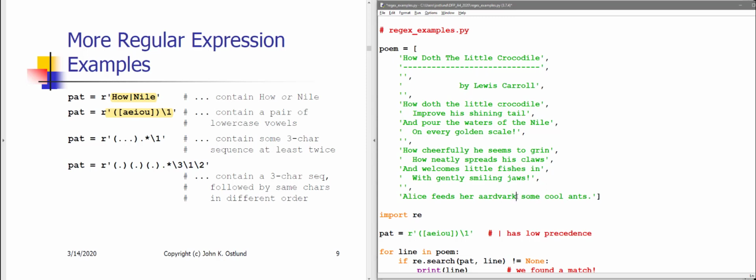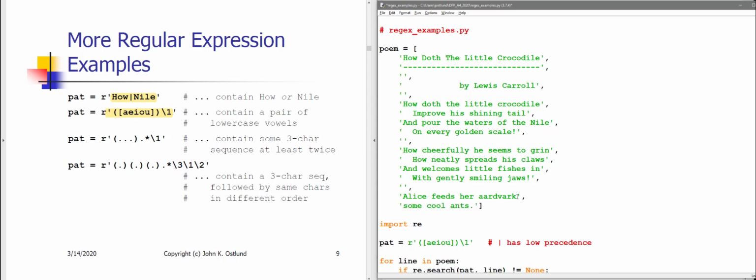And actually, I should make these two separate lines. All right. So now, this is going to match feeds. I wanted to match aardvark. So Alice gives her aardvark some. I have to have this be legitimate English. Okay, so that's stupid, but here we go.